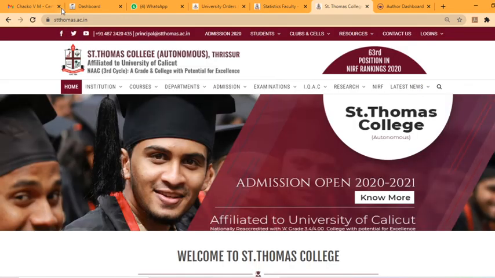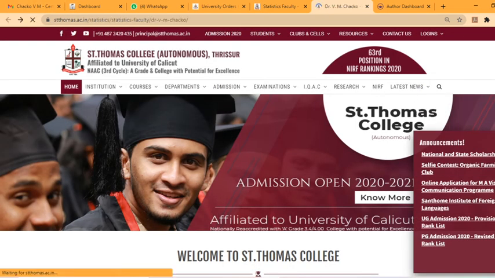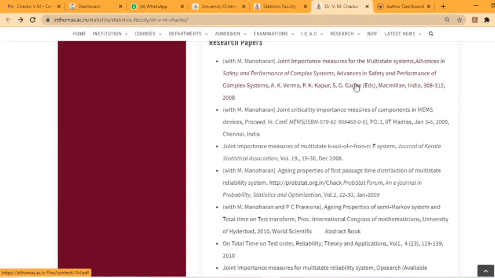Measure to the multi-stage system. This is my first PhD publication.